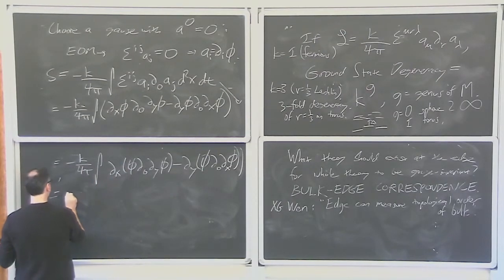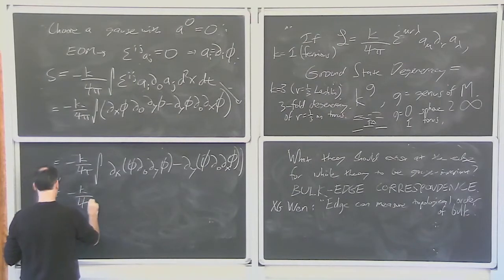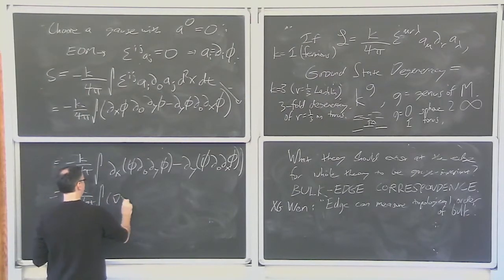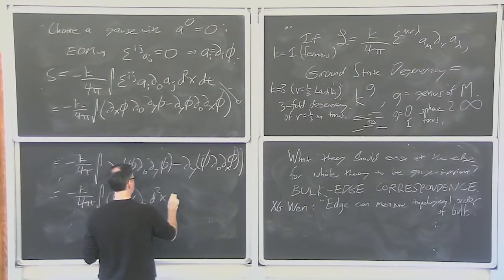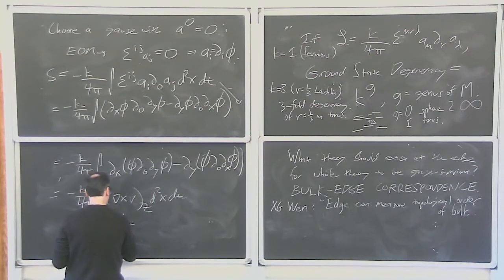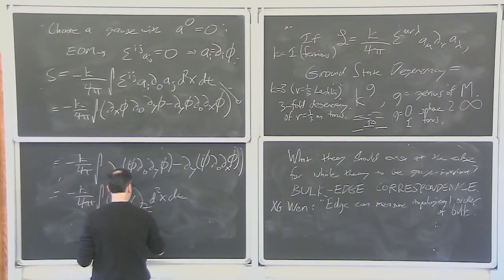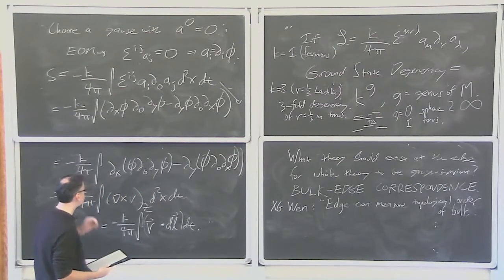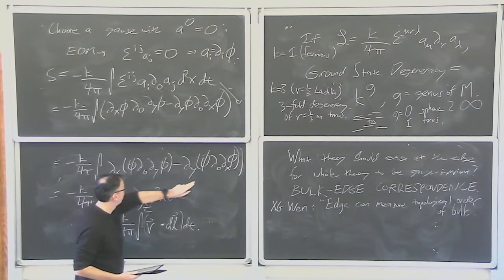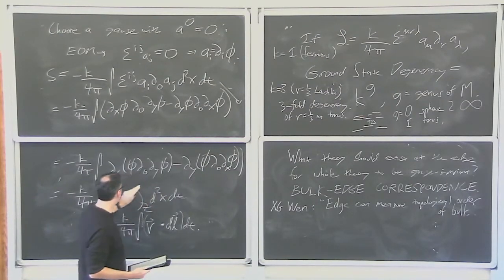So this is like minus k over 4 pi integral curl of v, z component, d2x dt, or minus k over 4 pi integral of v dot dl dt, where v is the vector phi d naught dx phi, comma, phi d naught dy phi.